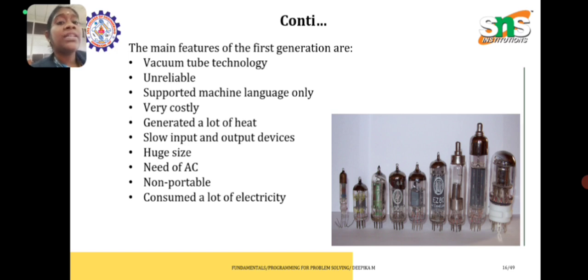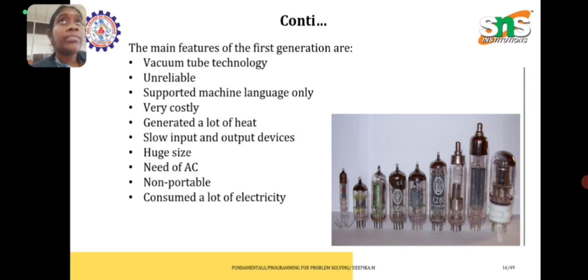Vacuum tube technology is unreliable, meaning we can't trust it. It supported machine language only. Machine language is nothing but zeros and ones only. It was also very costly, generated a lot of heat, and had slow input and output.